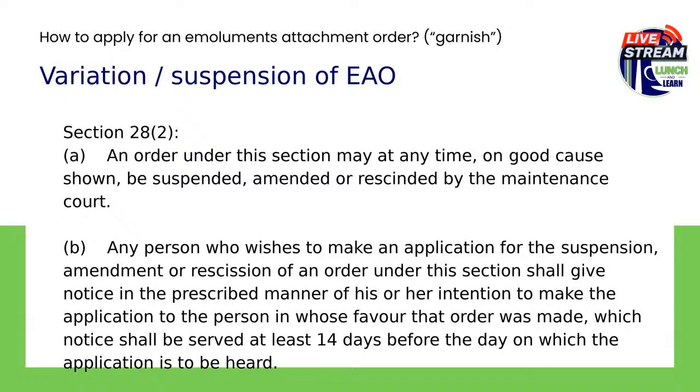So you would have notice if, for example, he leaves his work or transfers from one work to another, resigns at one and then goes to another job. Then there's the obligation in terms of Section 29 that the employee should notify the court.